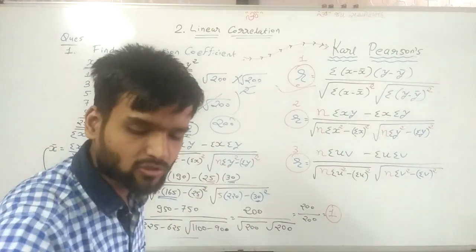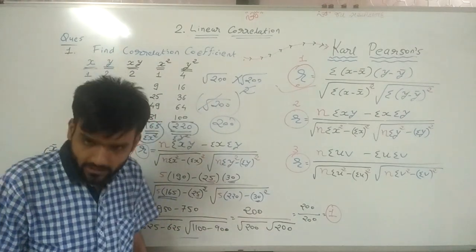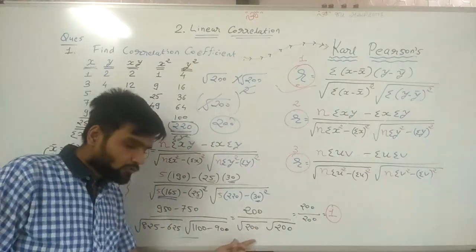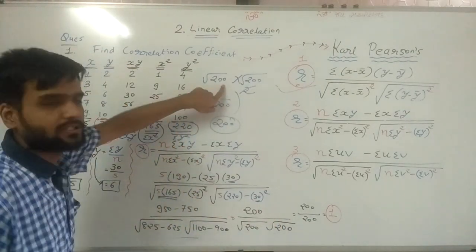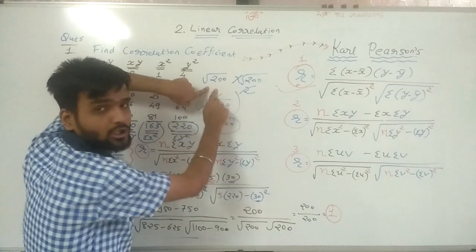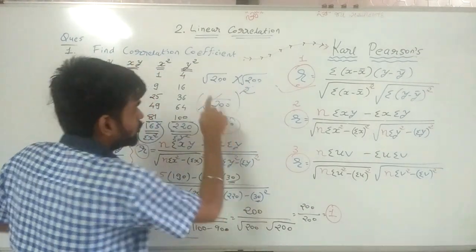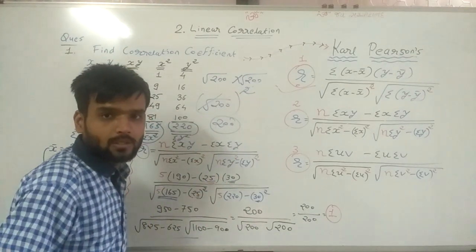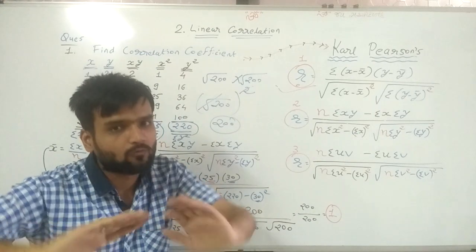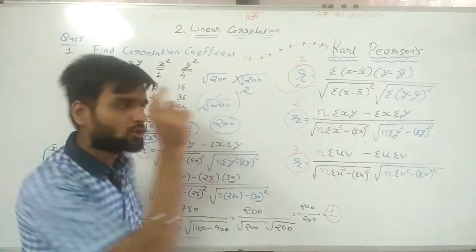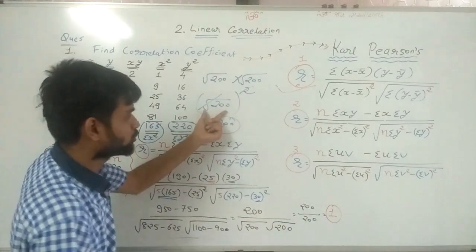Now many students cannot multiply even this. What is the answer of root 200 into root 200? Here I have written root 200 into root 200, which is root 200 square. Suppose x into x means x square. Same as root 200 into root 200 is root 200 square.